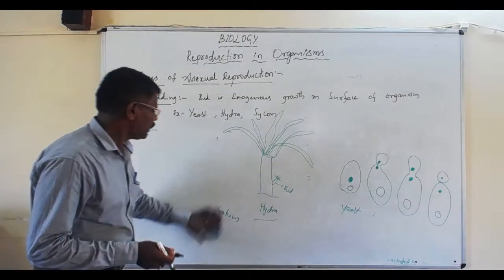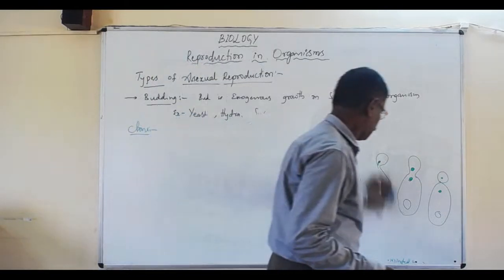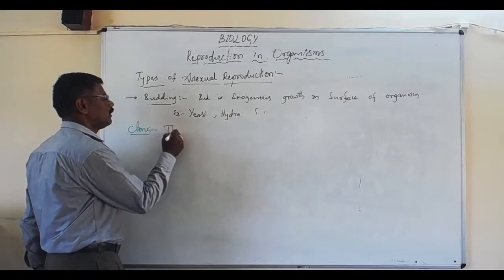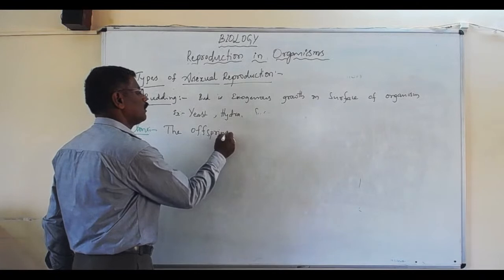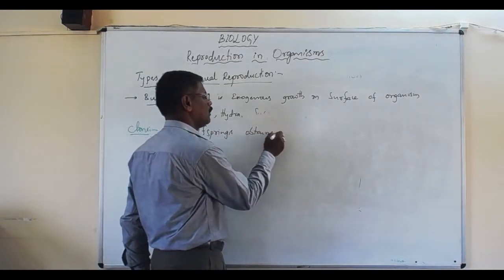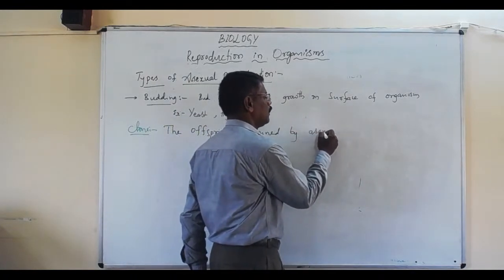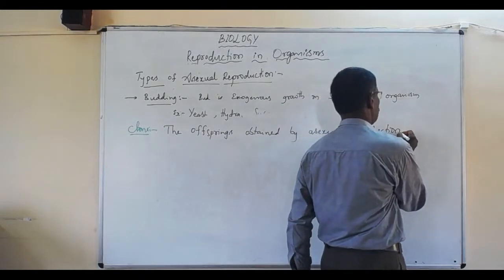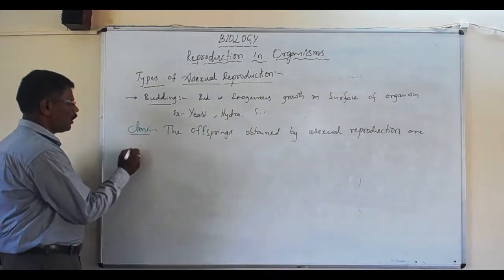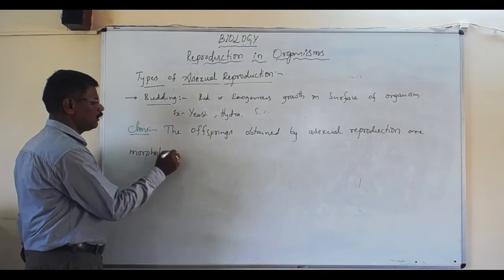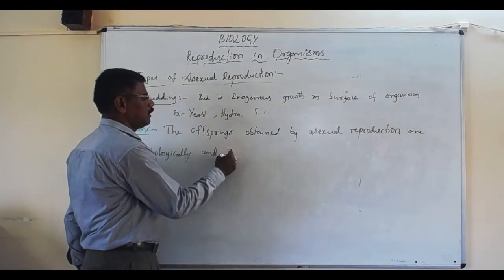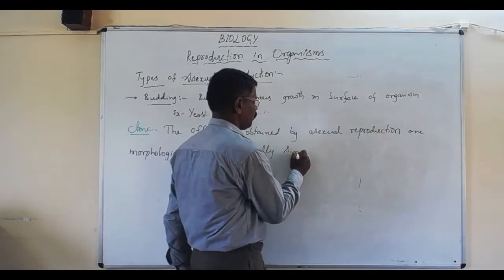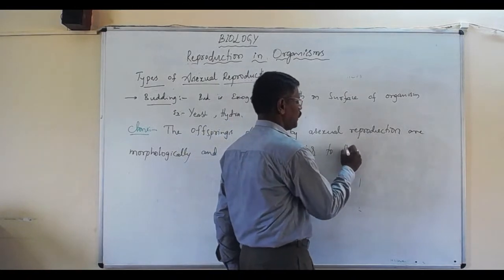A clone is nothing but the offsprings obtained by asexual reproduction, which are morphologically and genetically similar to their parents.